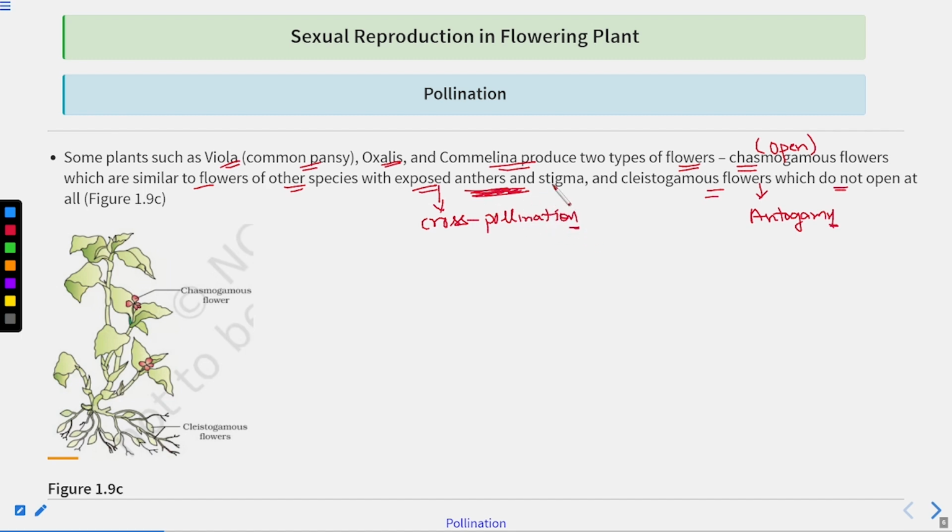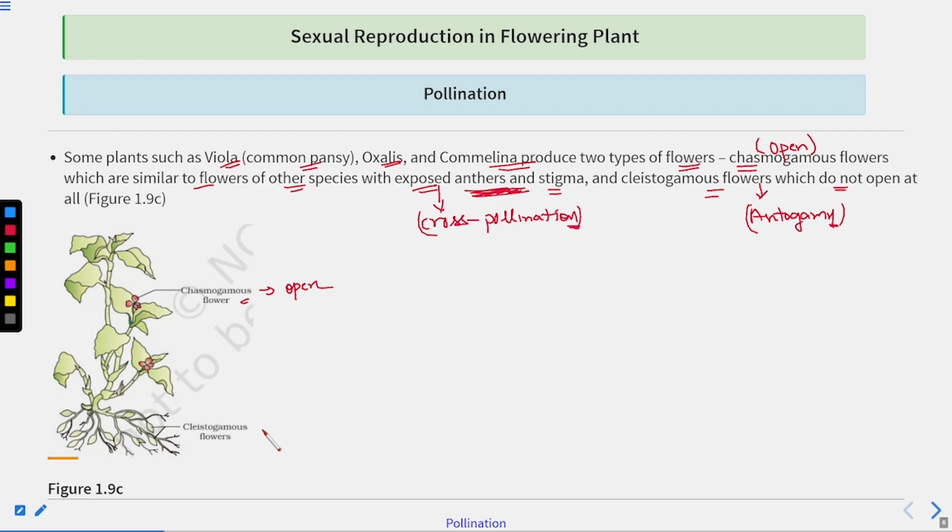Clear? Because the anthers and the stigma are exposed to the environment, they are exposed to the external pollinators and the external pollens as well. So there are high chances that chasmogamous flowers will show cross pollination, and cleistogamous flowers will show autogamy. In this image, you can see the chasmogamous flowers. These flowers are open.